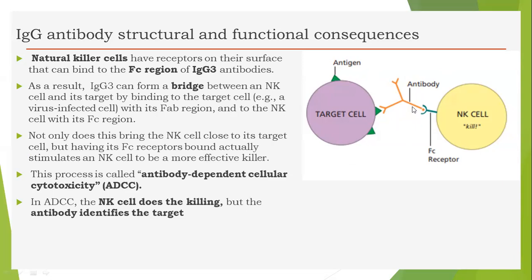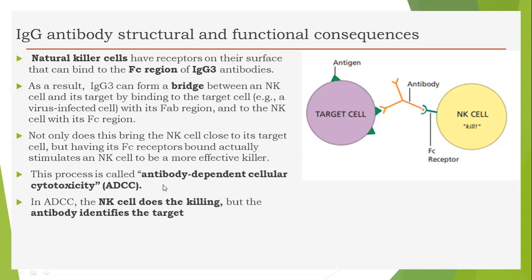So the IgG3 ideally would become a bridge between the NK cell and the target cell or the virally infected cell via its variable region on the antigen, and it also has unique receptors within its constant region, which binds the Fc receptor on the NK cell.